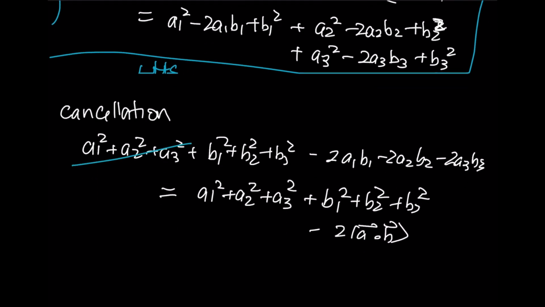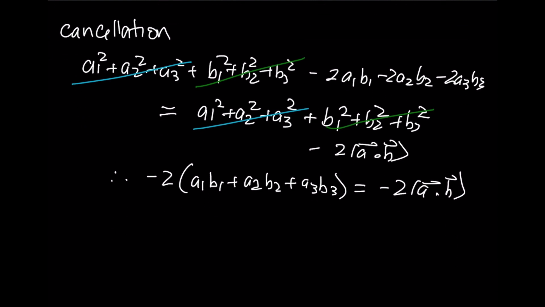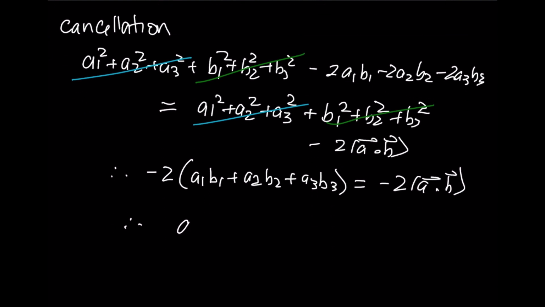These terms cancel. These terms cancel. And after a lot of work, what I'm finding is that negative 2 bunches of this end up giving me negative 2 bunches of the dot product. So at the end of the day, I've come up with a very handy result.